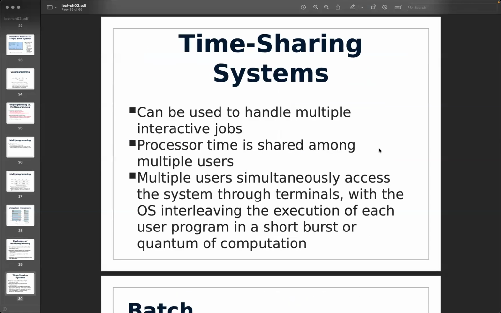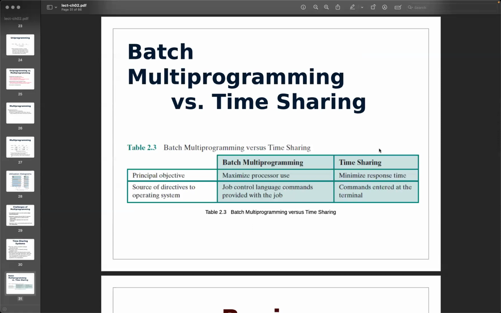In a time-sharing system, we share all the resources based on time, so we can utilize them. We can also support multiple users simultaneously accessing the system through terminals, and when we execute, we can share the CPU and assign it to each.